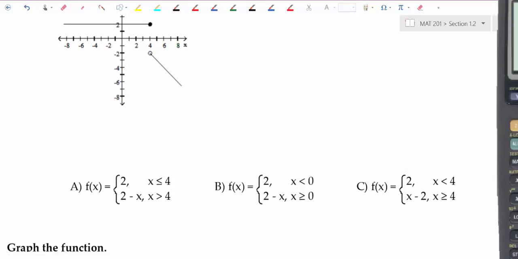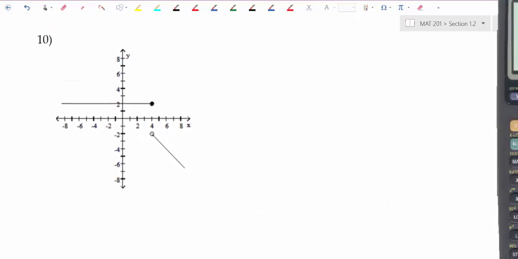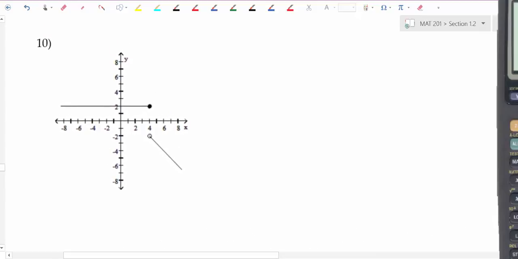Okay, let's see if we can match this one up on number 10. First of all, this equation right here, the line is going to be y equals 2. And then this one is going to be a line, in y equals mx plus b form.